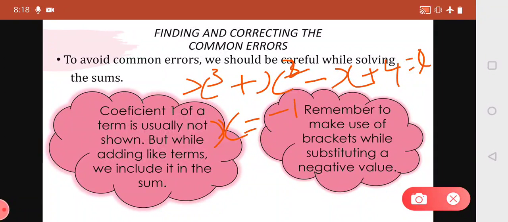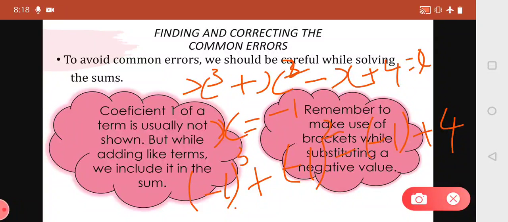Now this negative value, when we are substituting in the given algebraic expression, then we have to mention this minus value in bracket. Means we will write (minus 1) whole raised to cube plus (minus 1) whole raised to square minus (minus 1) plus 4. You have to represent it in this way so that you don't make mistakes while solving further.